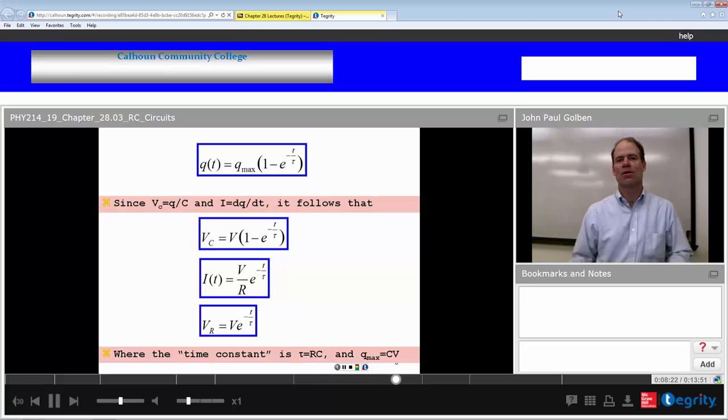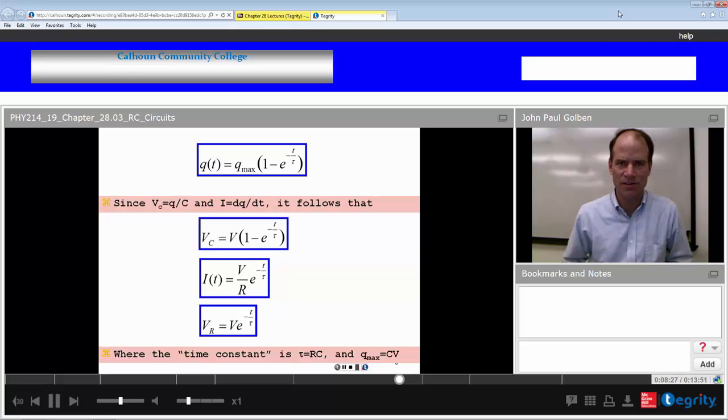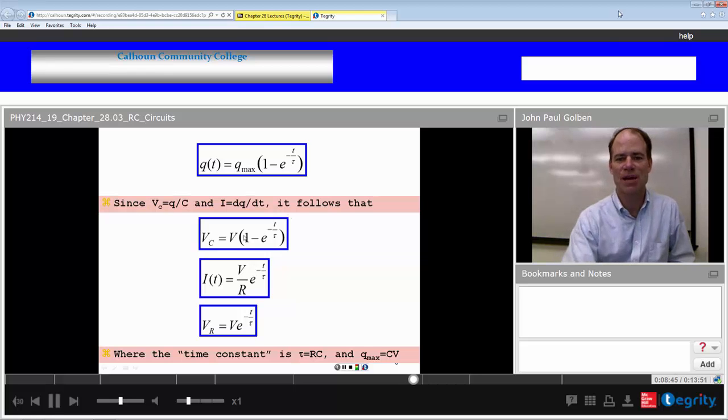In other words, when my charge reaches 63.2% of its final value, I would have gone a time equal to tau, which I'm calling a time constant. So when my time is equal to a time constant, tau, which is RC, then I would have gone 63.2% up on that curve. Same thing with my capacitor voltage. When I go 63.2% up on the capacitor voltage, I have gone a time of 1 time constant.